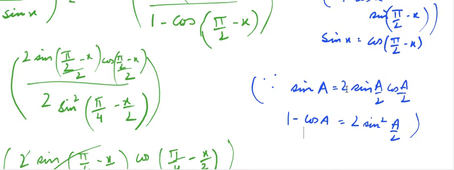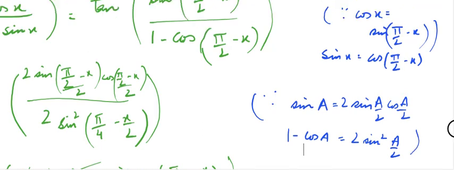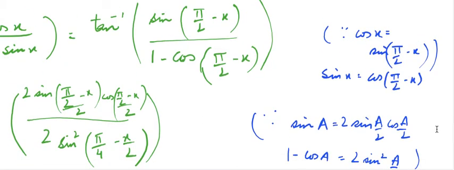And similarly here I get 2 sin a by 2 cos a by 2, which is 2 sin of (pi by 2 minus x) divided by 2 times cos of (pi by 2 minus x) divided by 2. The numerator gets changed like this because it is of the type sin a. It will become 2 sin a by 2 cos a by 2.